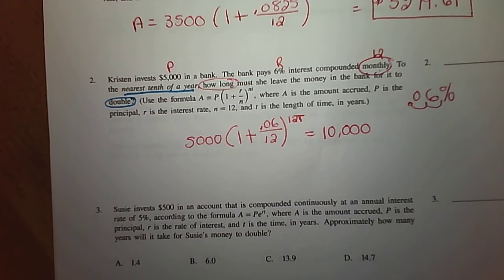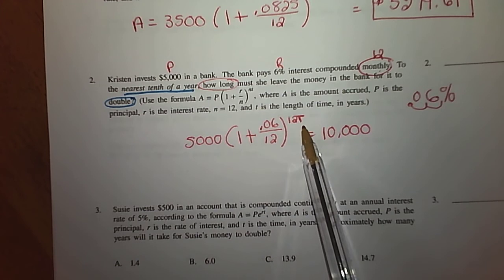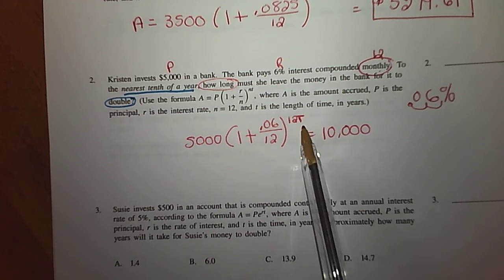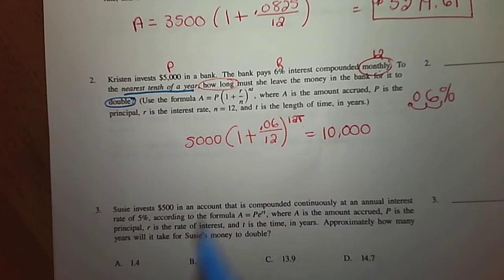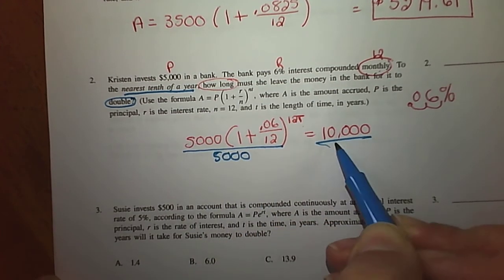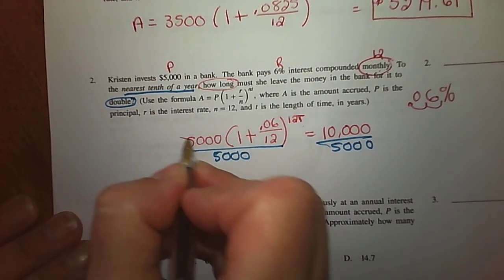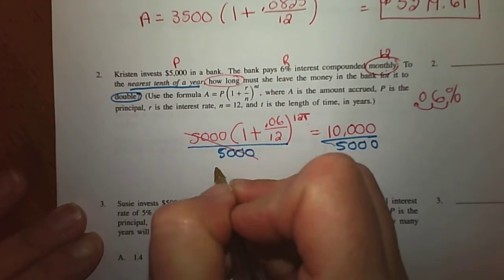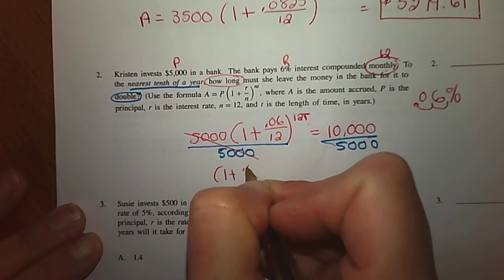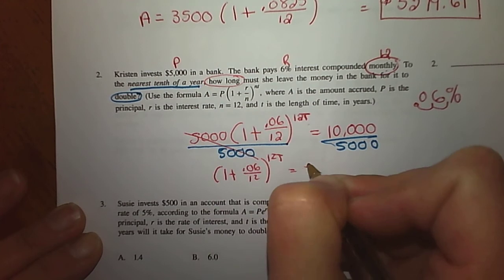Now we've got to solve this thing. Because the thing we're trying to find is in the exponent, we have to use logs to do this. So the very first step here is I'm going to divide by 5,000. So the 5,000s cancel. This is going to be 1 plus 0.06 over 12 to the 12t equals 2.